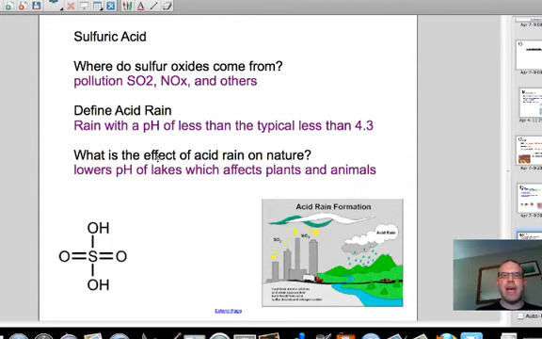Why is acid rain bad? Well, because those lower pHs can have a dramatic effect on plants and animals. Especially fish. Some fish live in a very narrow pH range, and changing the pH even by half a number can have some pretty devastating effects. This is showing you what sulfuric acid would look like, H2SO4.